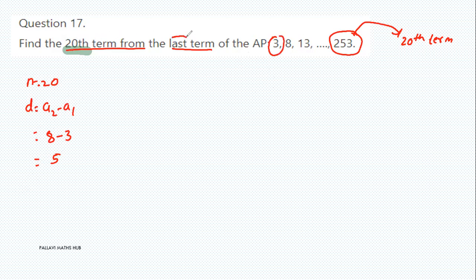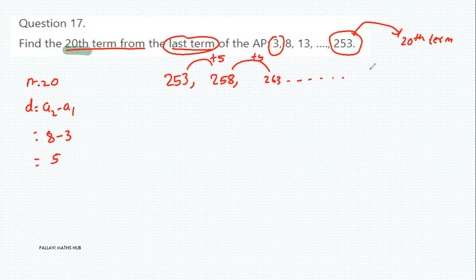Because you're given from the last term. First term is 253. Common difference is 5. 253 plus 5 is how much? 258. Next again plus 5. 258 plus 5 is 263.